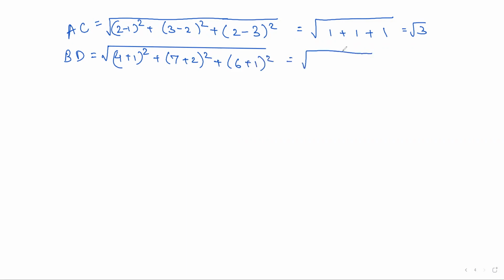That is 5 square, 25, plus 9 square, 81, plus 7 square, 49. So adding them, we get 155. Clearly, AC is not equal to BD based on the values. Therefore, ABCD is not a rectangle.